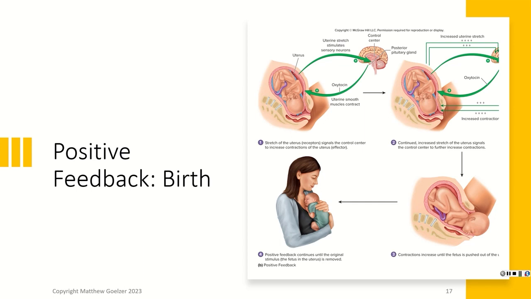But really, in order to give birth, you have to have this positive feedback because the child needs to leave the womb in some form or fashion, right? Homeostasis during pregnancy is the body wants to keep the child in the womb, right? That's where development is occurring. But at some point, the child, which we don't know necessarily how or why, the mother and the child both know it's time to give birth.